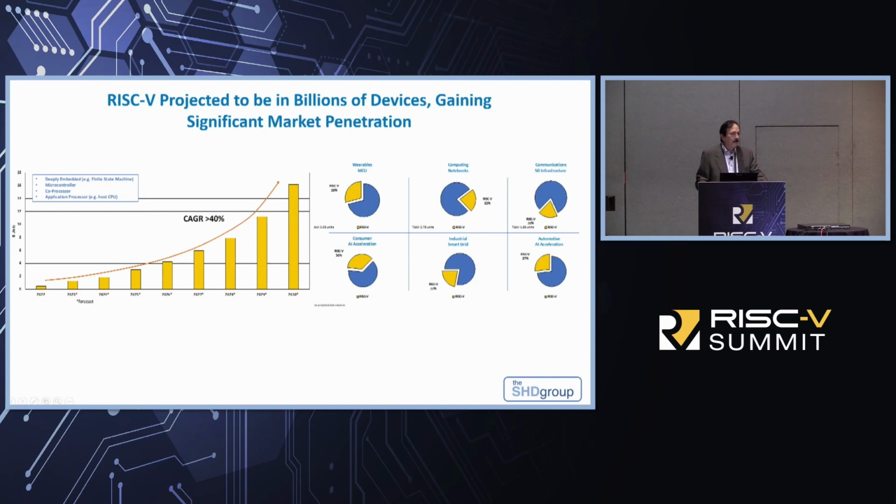Obviously, coming from a very small base, the CAGR is very high. As we move through the forecast period into years beyond it, obviously the CAGR is going to reduce.